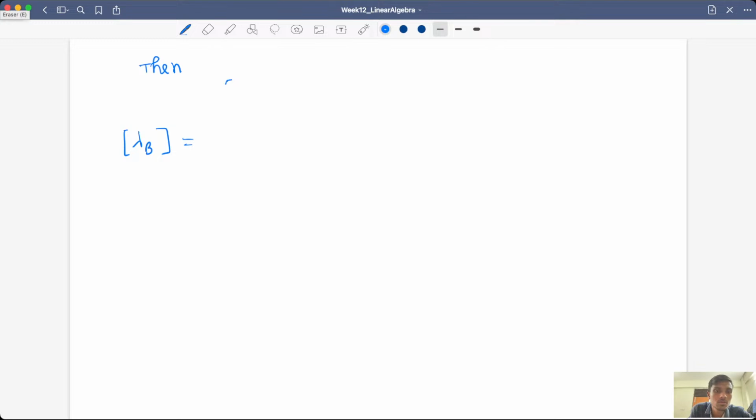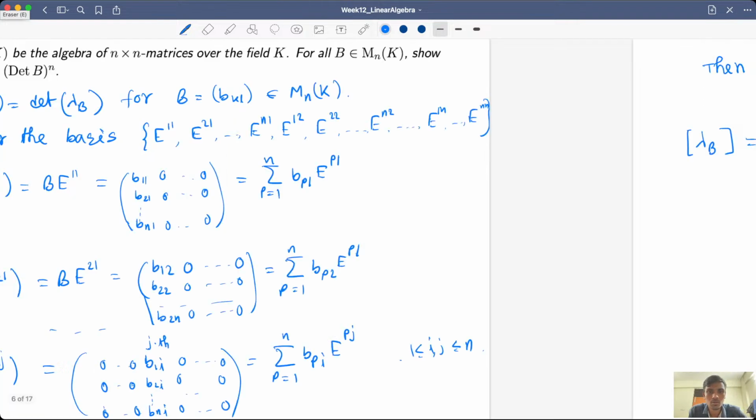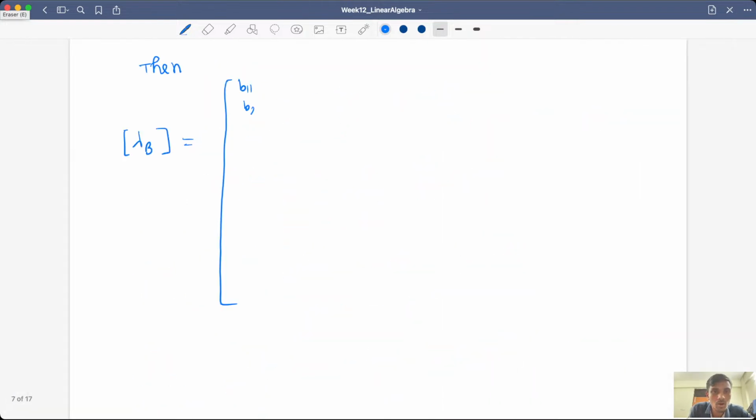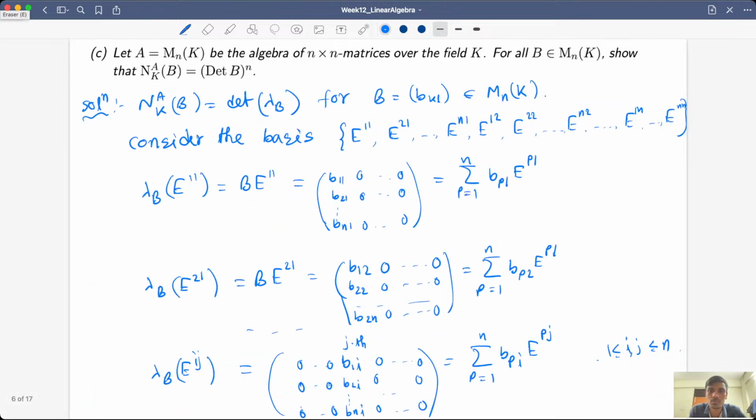This will be kind of this one. So B11, B21, Bn1. Then the remaining are all 0, right? All the coefficients for E are 0, it is only from 1 to n. And then for 2 1 it is again B12, B22, Bn2 for the first n entries, right?